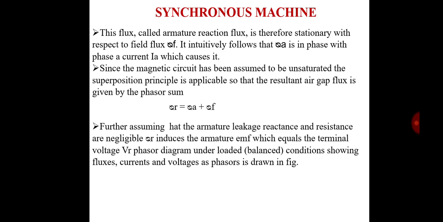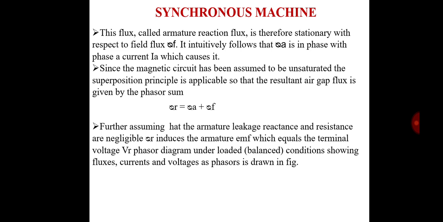Here phi A is the flux in the armature winding, and current Ia is produced because of phi A. So phi A is proportional to Ia.